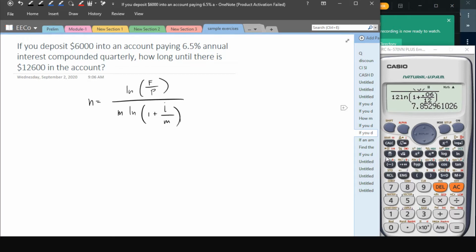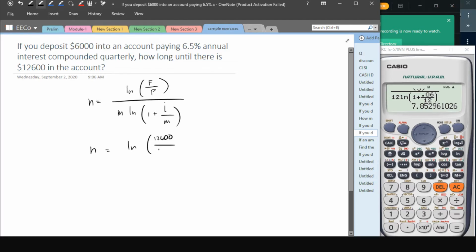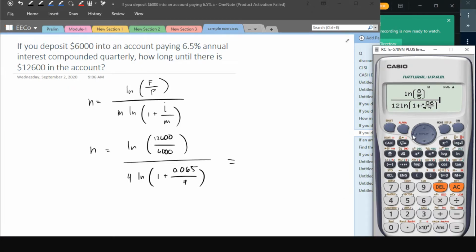So, this will become n, ln of 12,600 divide by 6,000 divide by how many compounded quarterly, that is 4, ln of 1 plus 0.065 divide by 4. And then the answer will be, dito ka na lang, baguhin mo na lang.